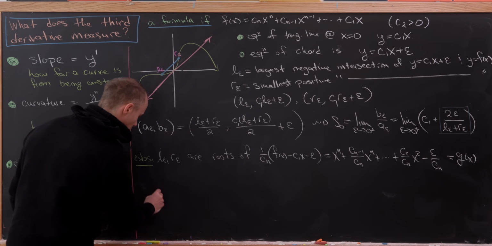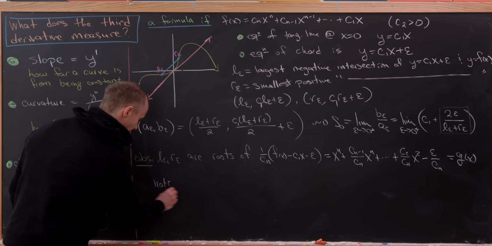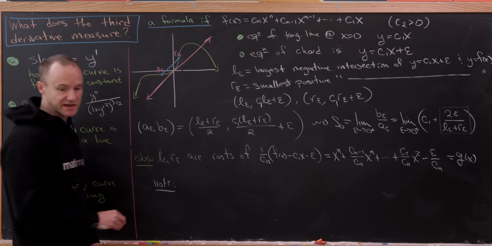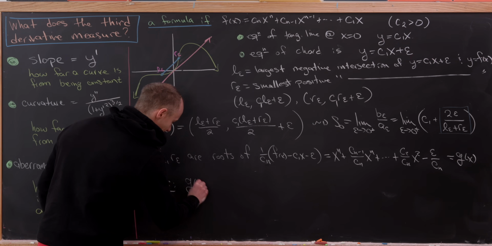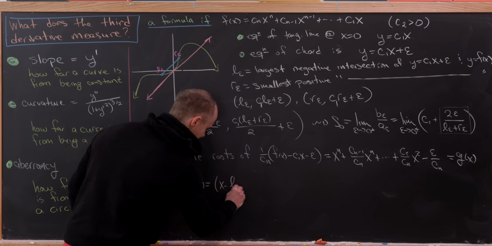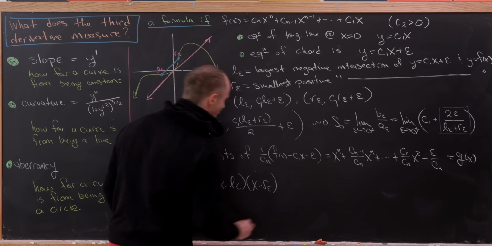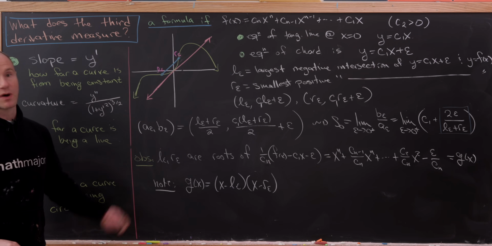And then let's also note that since we know that L epsilon and R epsilon are roots of this, that means that we can factor x minus L epsilon and x minus R epsilon out of this polynomial.